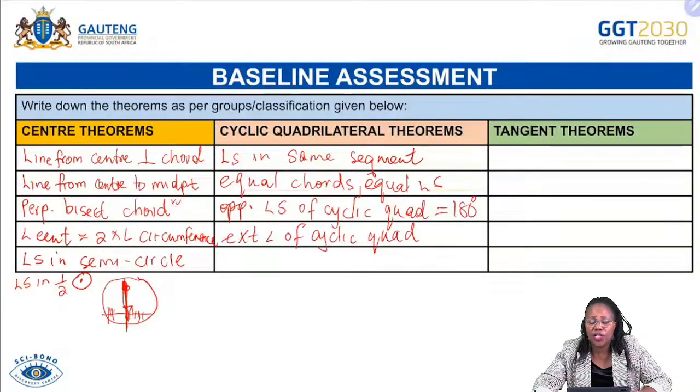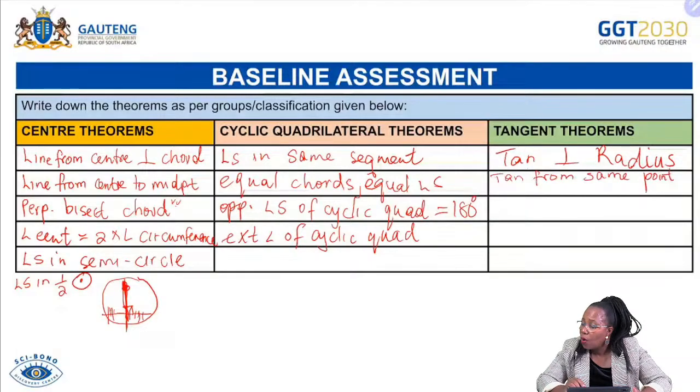And then we have tangent theorems. The first one is tan perpendicular to radius, or tan perpendicular to diameter. Okay, it is tan perpendicular to radius or a tan perpendicular to a diameter. And then we also have tan from the same point, or tan from common point.